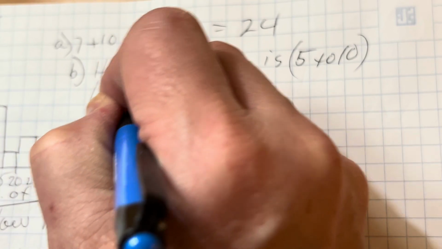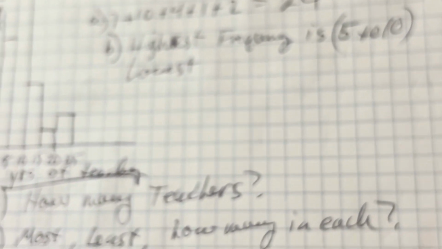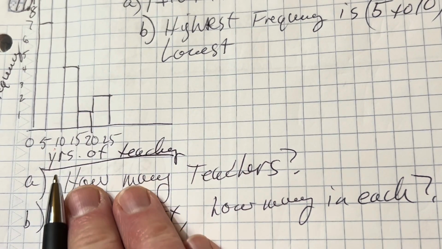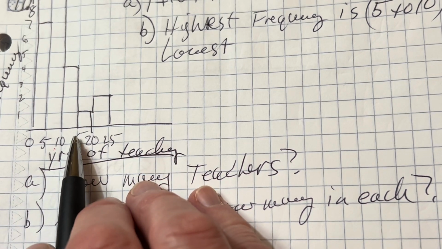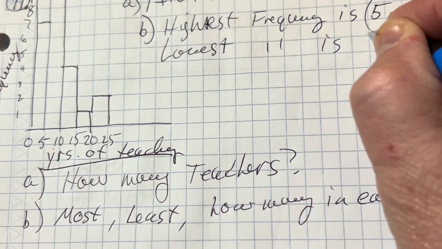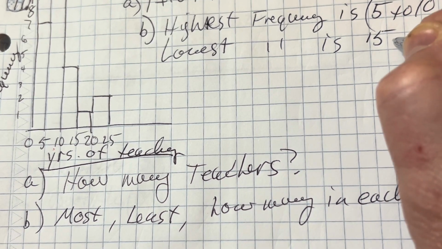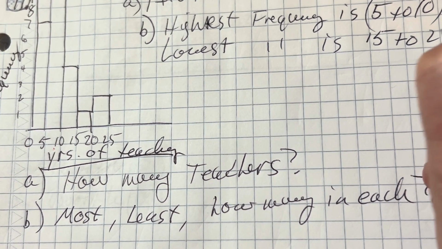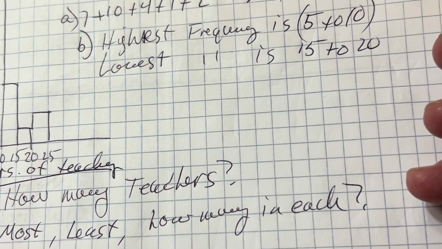The lowest, well, that's pretty easy to see from the graph. As long as you can see the graph and that's focused, that's this group between 15 and 20 years. The lowest frequency is 15 to 20 years.